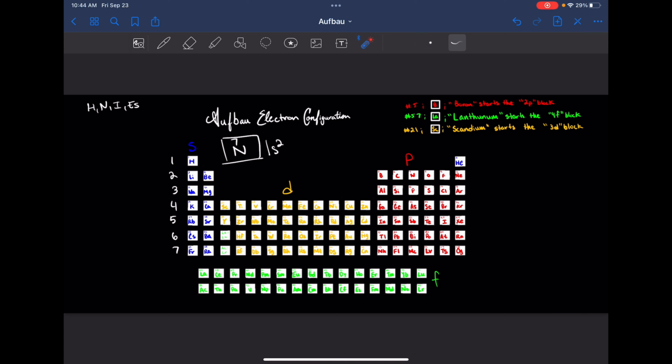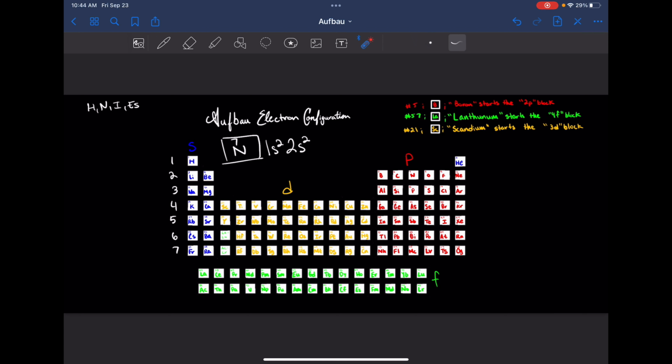Okay, now let's go to the next period. We see 2 and S. Now we have to stop here, as we can see, because the S stops in blue and the P block starts in red. So 2s1, 2, 2s2.